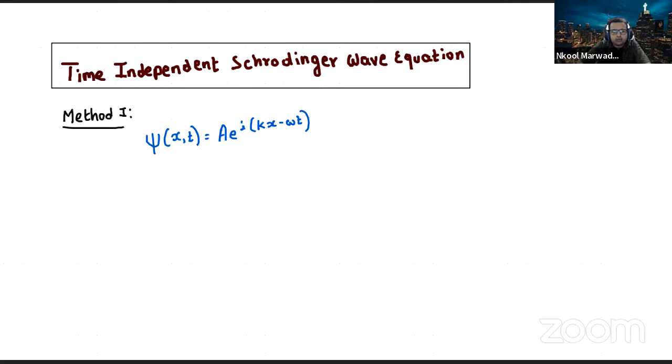Now this wave function, which is known to me, I can write in this way: A e^(ikx) times e^(minus i omega t), isn't it?